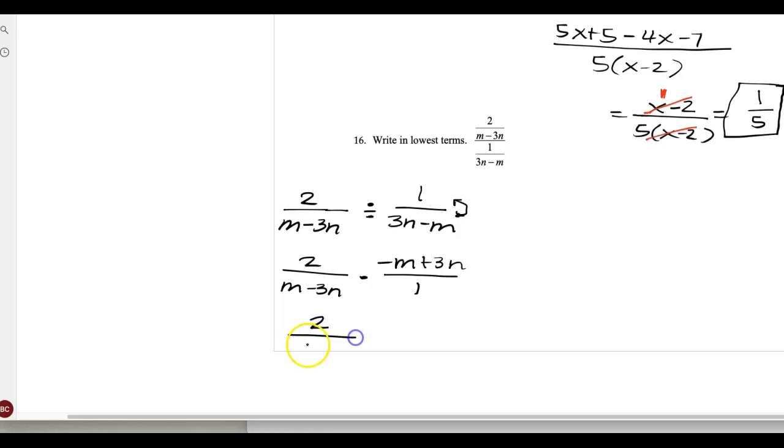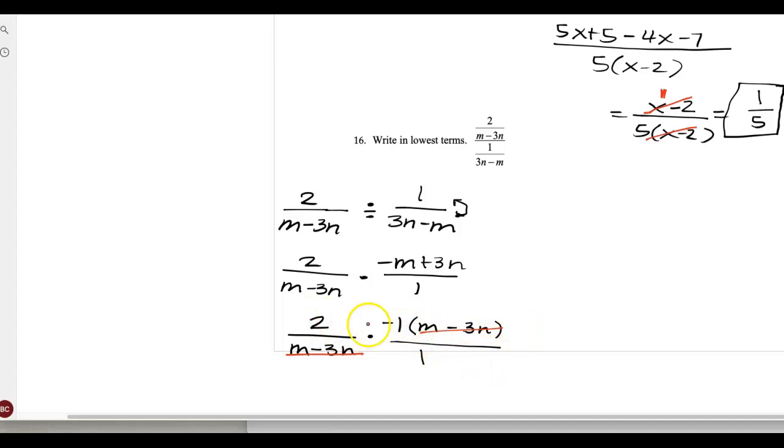So let's do that. I have 2 over m minus 3n, and up here I'm going to factor out a -1, which leaves me with m minus 3n. Again, this is still all over 1. Now I can see I've got a common factor. This is common with this.